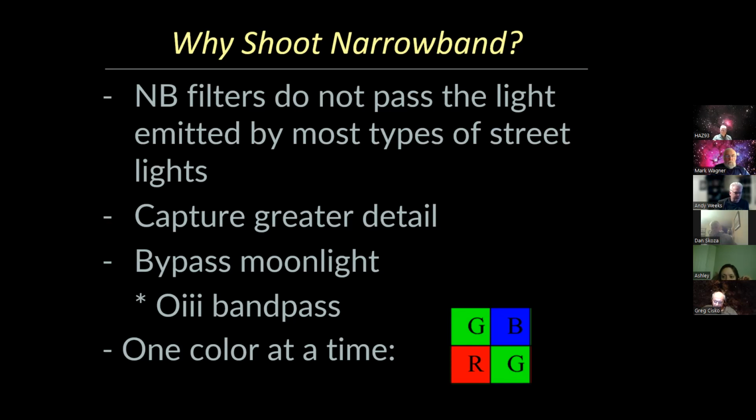What I have shown here is a Bayer matrix. That's what we have in our DSLRs, whether they're astronomy or not, because two greens and a red and a blue matrix is what the eye sees. That's why they make the sensors the way they do. But if I want to pull out red, if I want to pull out nebula with a one-shot color camera, I have to shoot 4 times longer than I would with the monochrome camera with just the red filter.